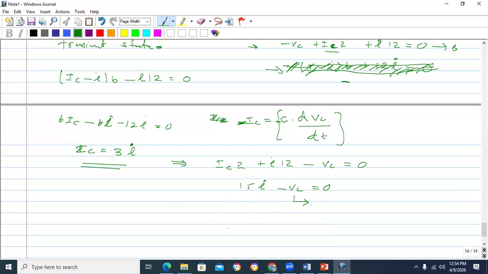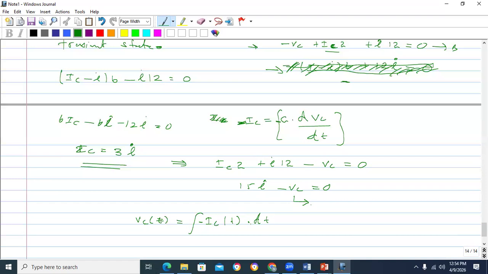You know that VC is the voltage across the capacitor. Actually, it is a function of time. So it is the integration of IC, that is the current. So that is minus, because it is discharging. Minus ICT dt.